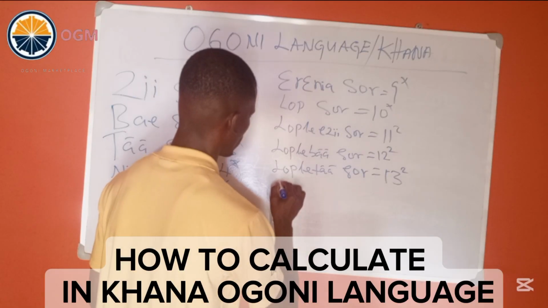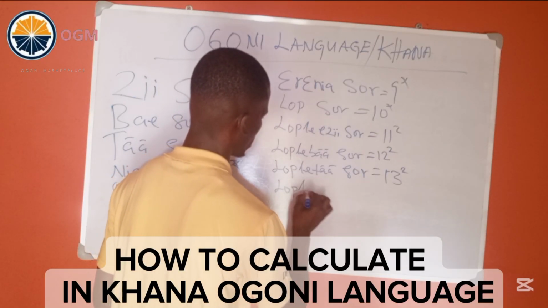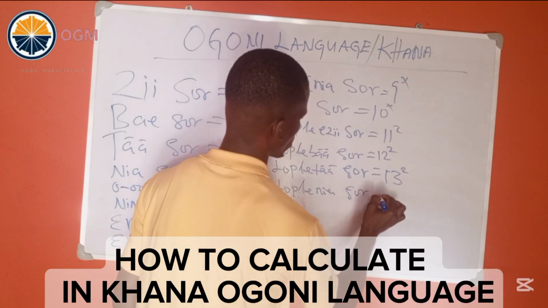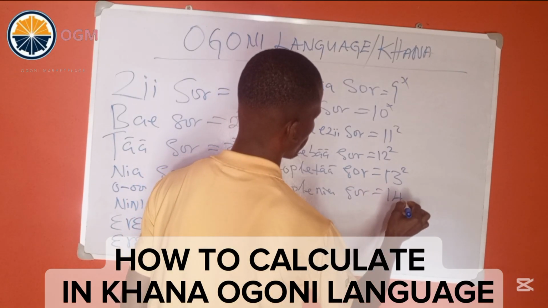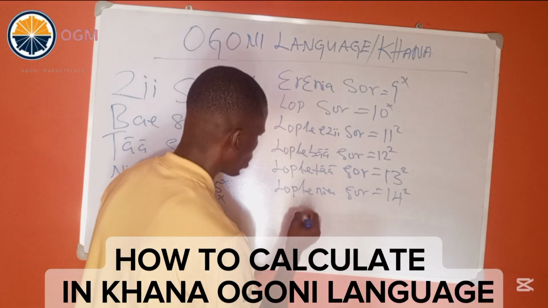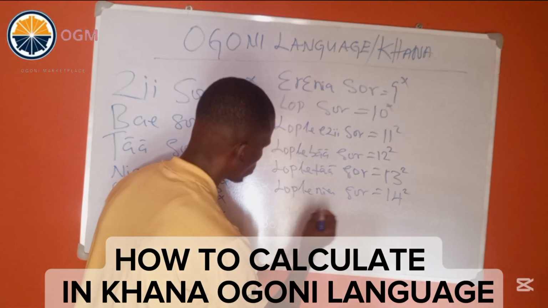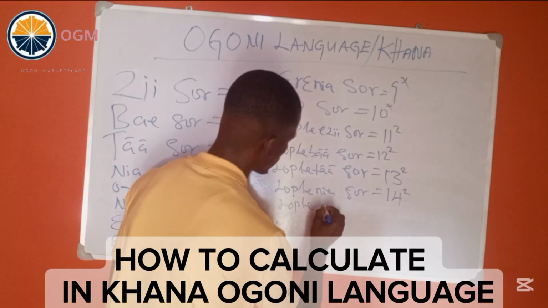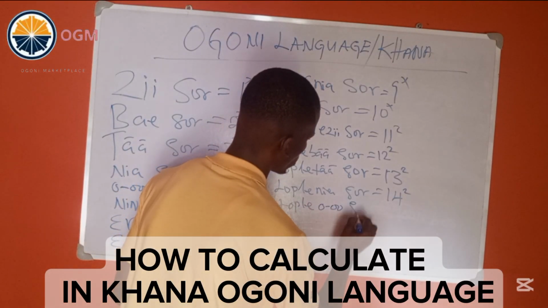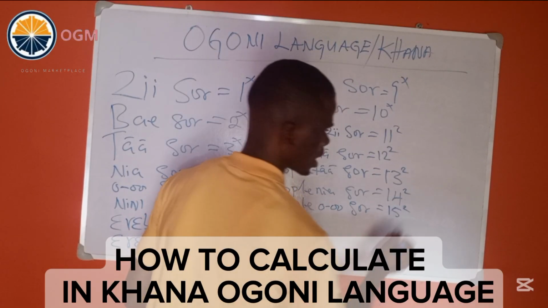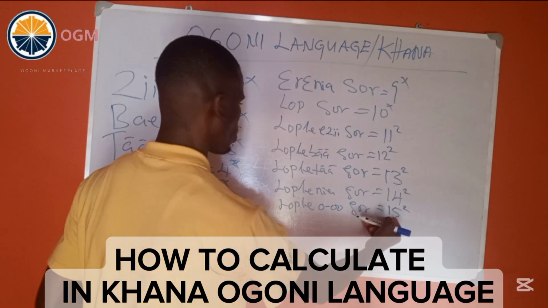And here we have loblenia son, which is 14x. Here you have loble son, which is 15x. So we are going to start at 15 today.